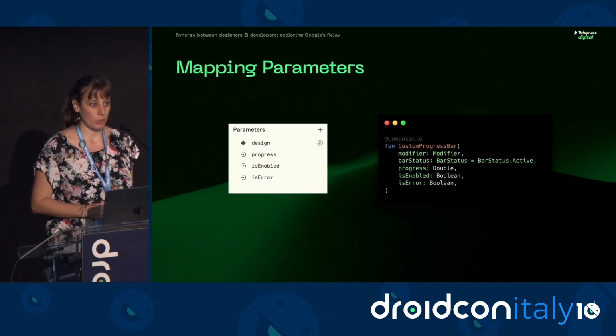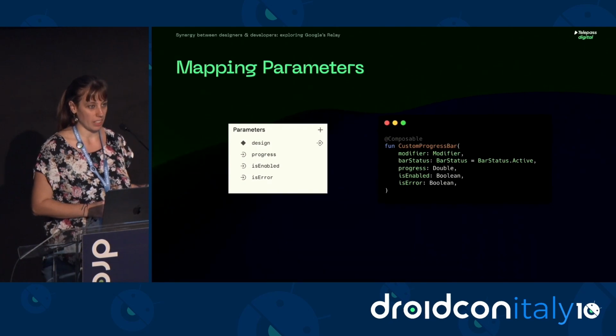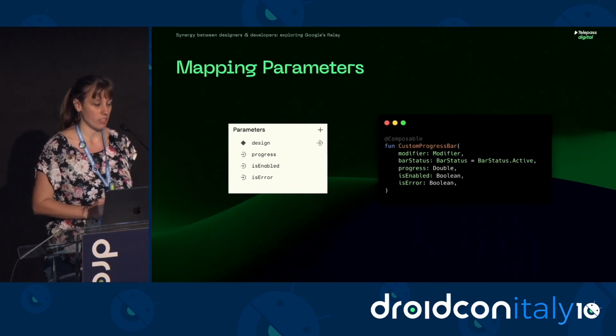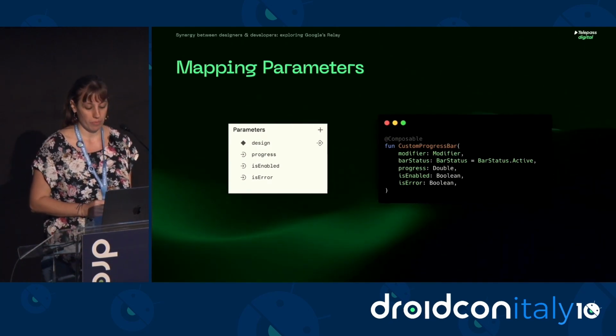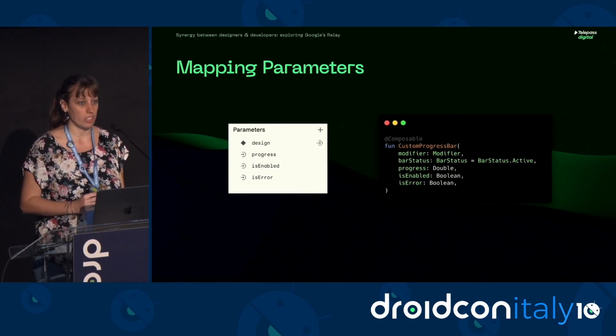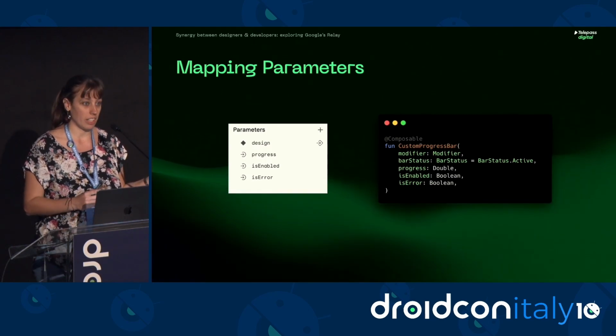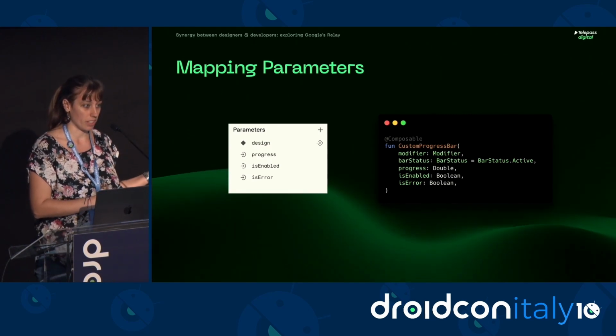It's important to note that the input parameters of the component previously created by Relay must be the same as the ones of the composable it replaces. So once we have created the custom composable, we must configure the same input parameters on the Figma plugin. In this way, Relay can pass the correct values from the outside.